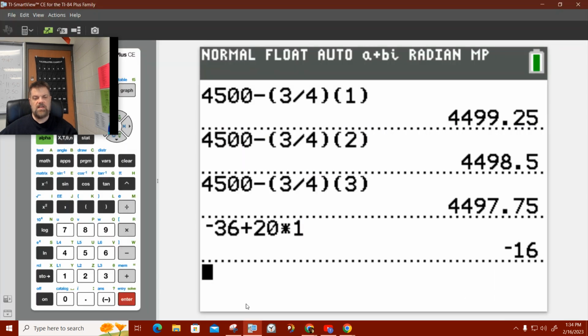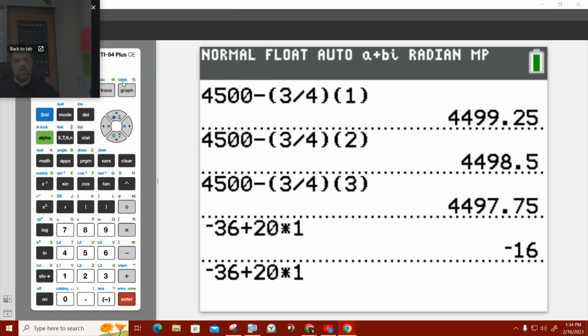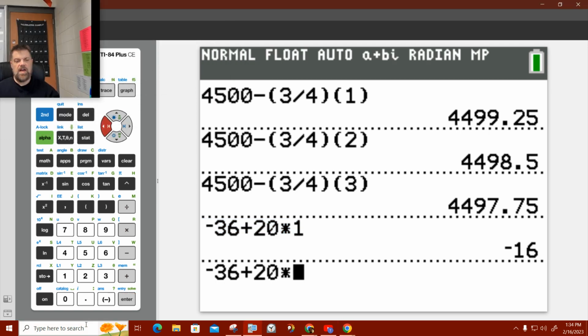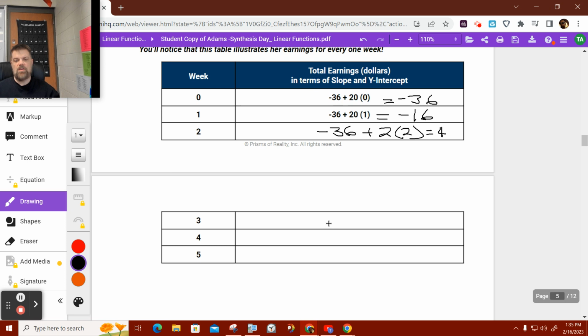Again, if I want to, I could just go up and hit enter, and before I hit enter on the calculator, I change that to a 2. Yep, it's 4. And then to do the same thing for 3, I could say negative 36 plus, this is supposed to be 20.